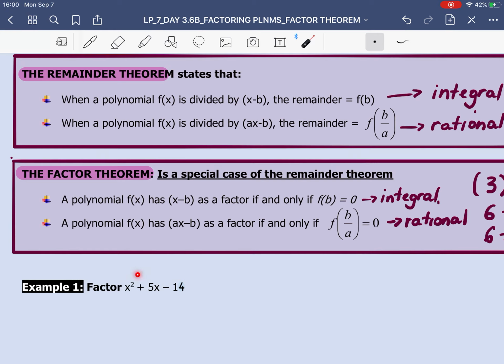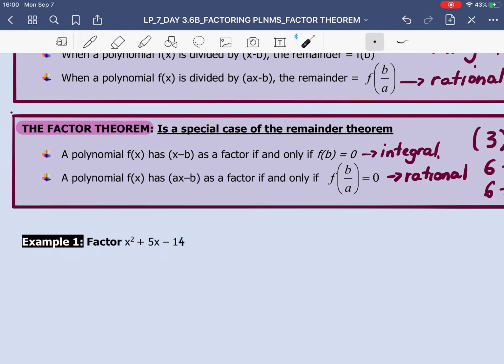The reason I brought in this example is because we know how to factor this with lots of confidence, and what we are going to do is incorporate all the concepts that we have learned from the remainder and factor theorem to see how it can work in trinomials as simple as this, or polynomials as simple as this one.